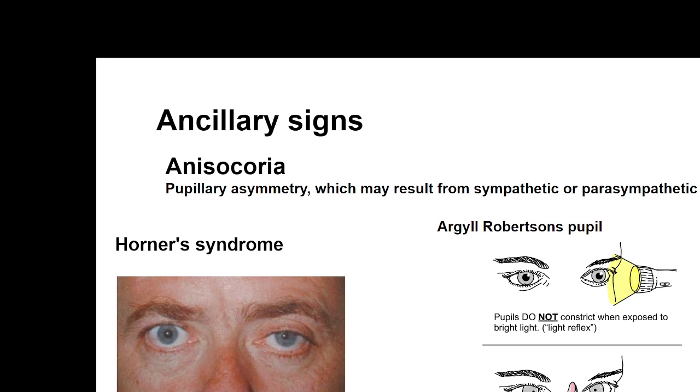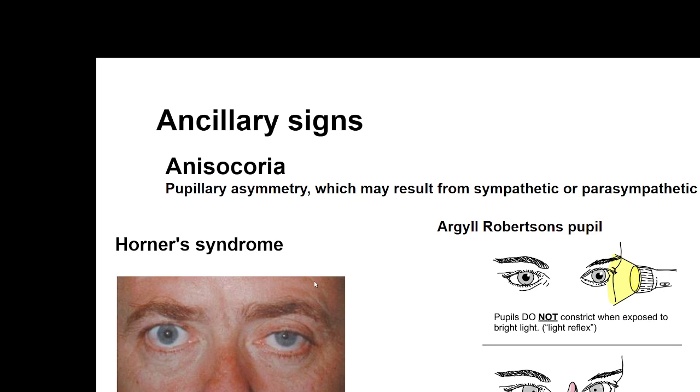Pupil asymmetry could be of different patterns. When one pupil is constricted and the other pupil is dilated, and they do not react similarly, and at the same time there is an abnormality of the movement of the upper eyelid, which is not able to contract on one side, and the pupil is constricted, that's called Horner's syndrome.